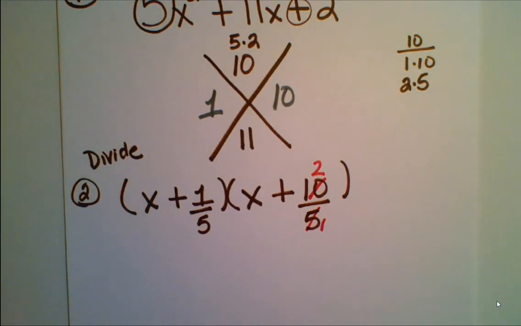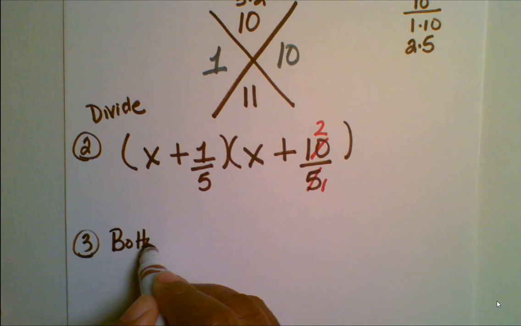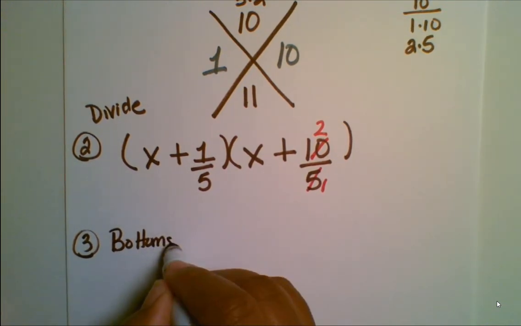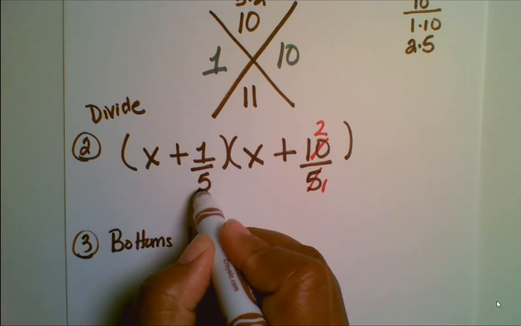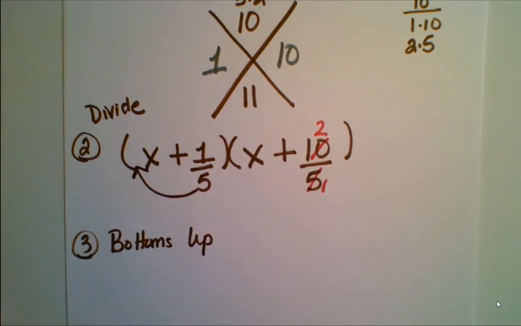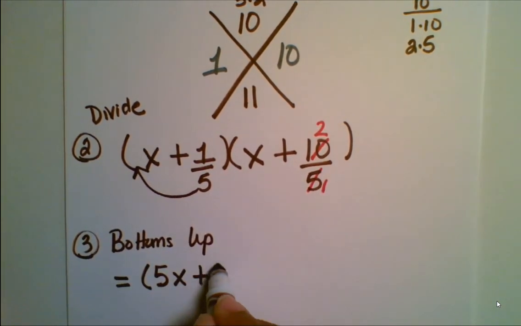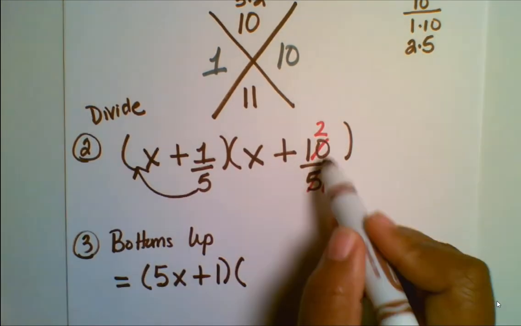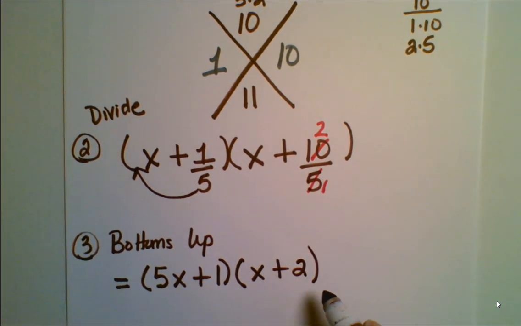So the third part to this is called bottoms up, where we're going to take this 5 that's in the denominator from part 2 and bring it up, bottoms up, to the first term so that we can write our answer. So here we go. Bottoms up, you're saying 5x plus 1 times, and since the second parentheses divided out evenly, we have x plus 2.